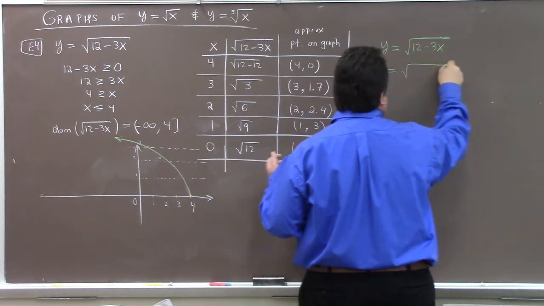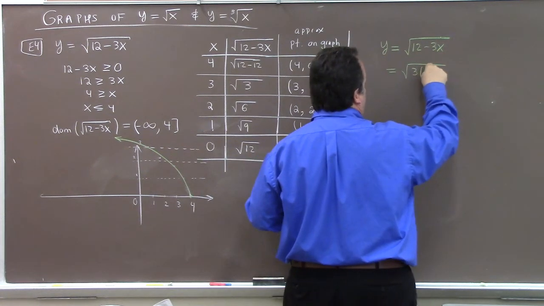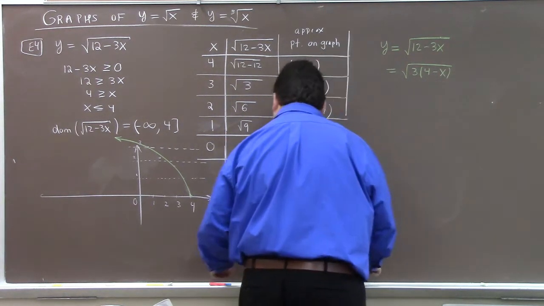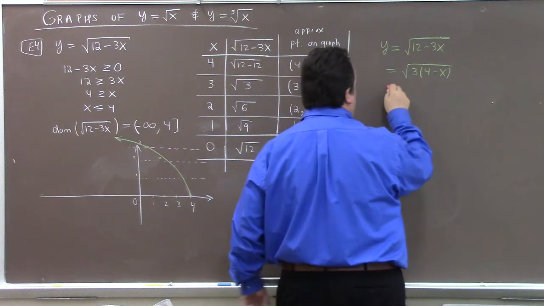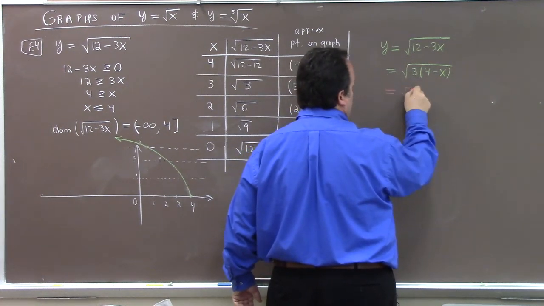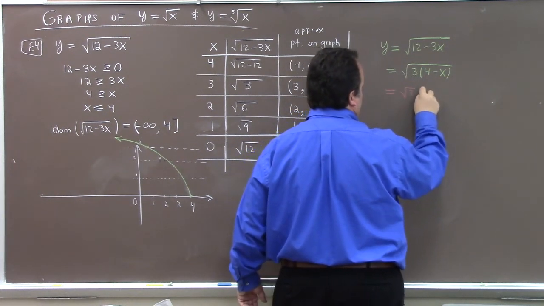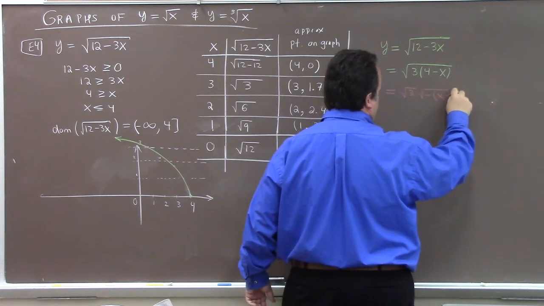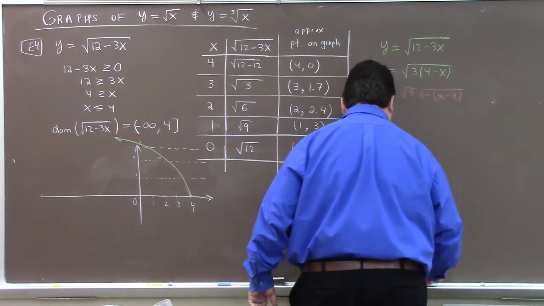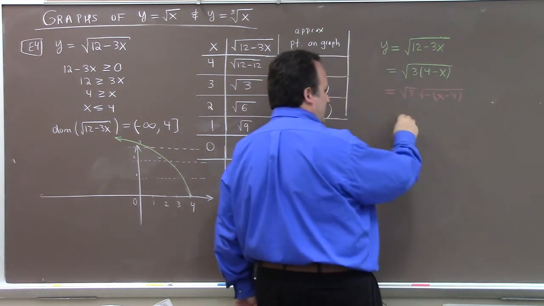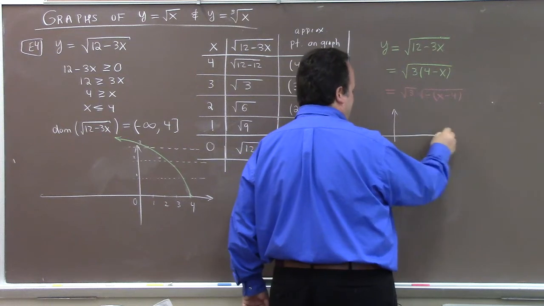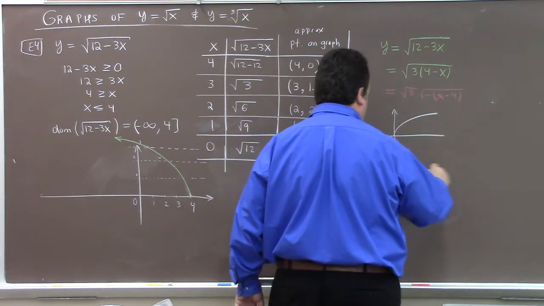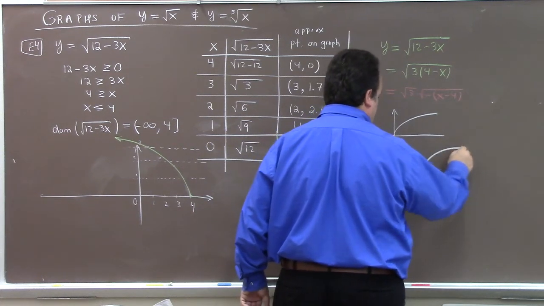Which is the square root of 3 times 4 minus x, which is the square root of 3 times the square root of minus x minus 4. So I don't know if it's really good or not, but you start with the square root of x, right? Then you shift that 4 to the right, like here, right?